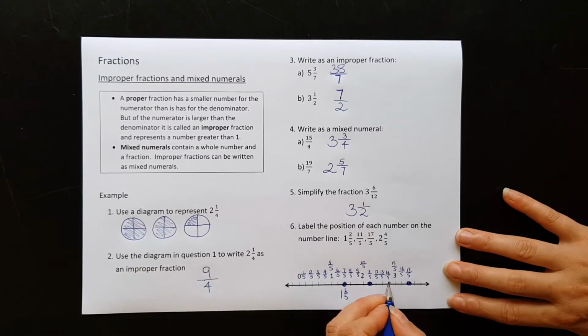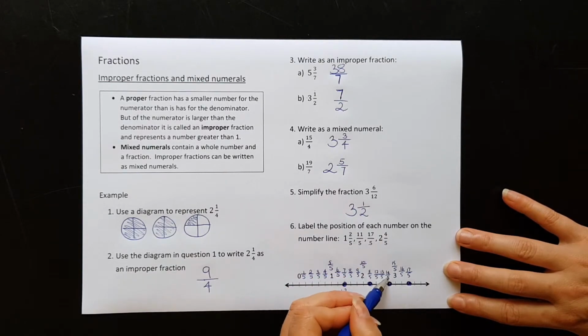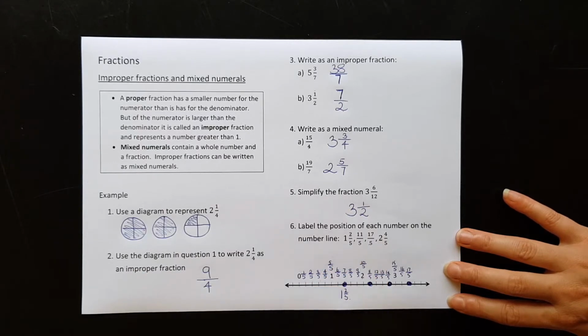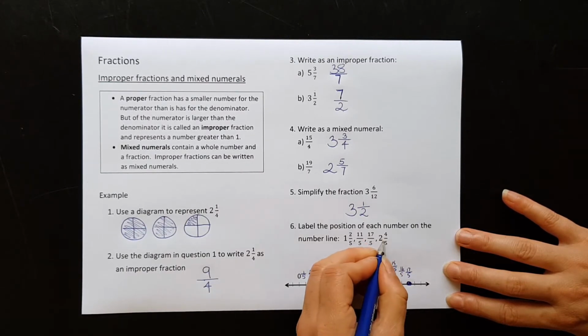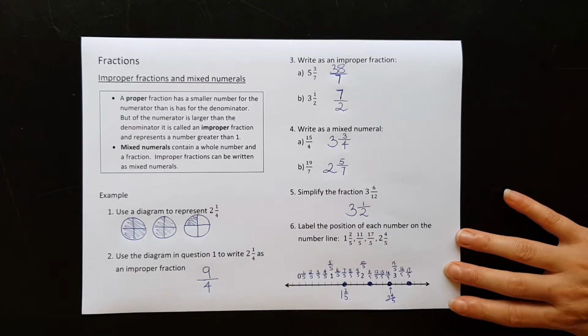That one there will be the 4/5. Let's double check it. If I go 5 times 2, that's 10, plus the 4 is 14. So yes, 14/5 is the same as 2 4/5. Okay, so I should write 2 4/5 under that one because that was the label that was there. These ones were both written as improper fractions, so it's fine to have the improper fraction number next to those.